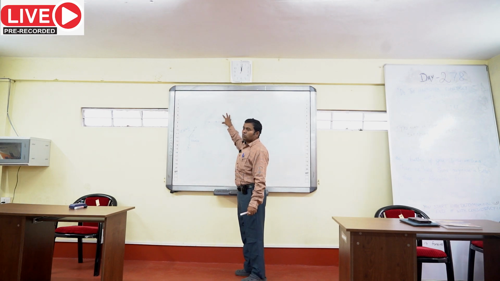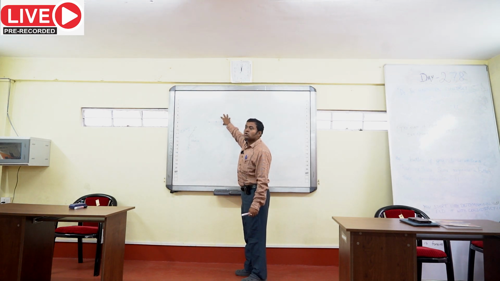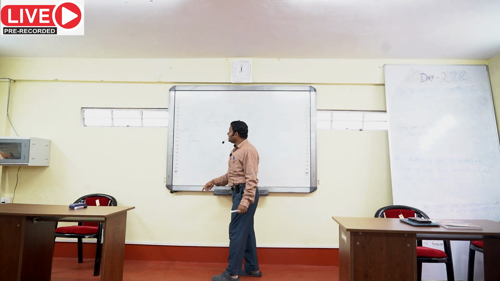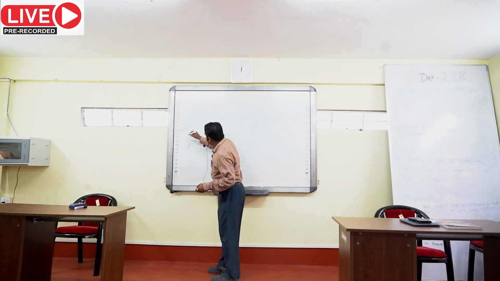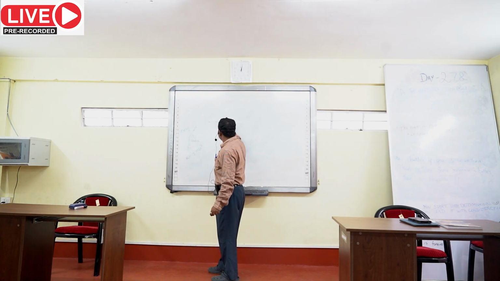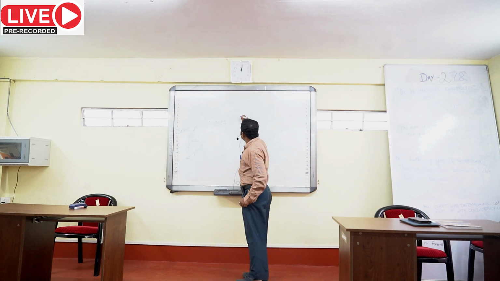So at this position, what is the velocity? u cos theta only. And at the initial position it is u. So the kinetic energy initially is half m u squared, given as K. At this position, this is the velocity, so what is the kinetic energy?